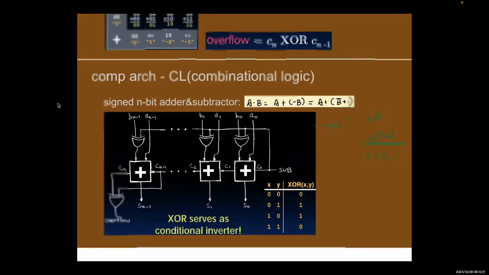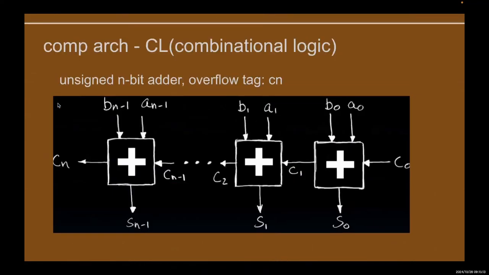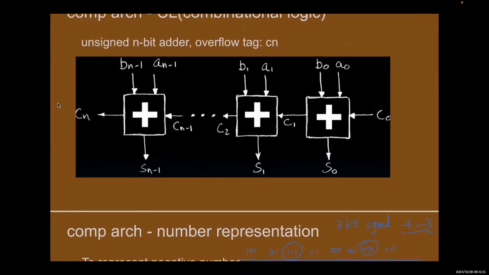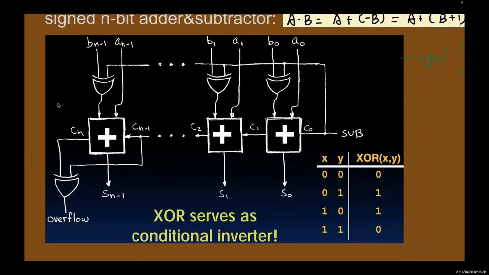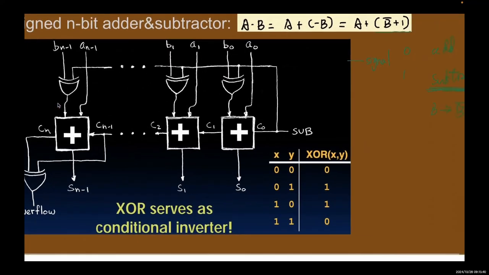And remember that for the adder, we're using signed numbers. And remember that this C0 is always set to 0 for the lowest bit, right? We can actually use it as the signal for add or subtract.